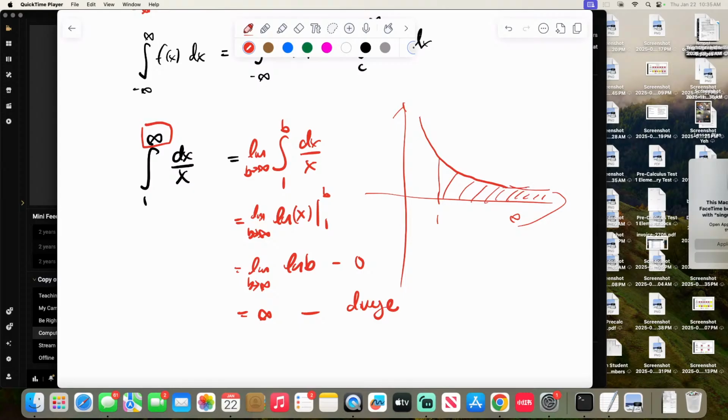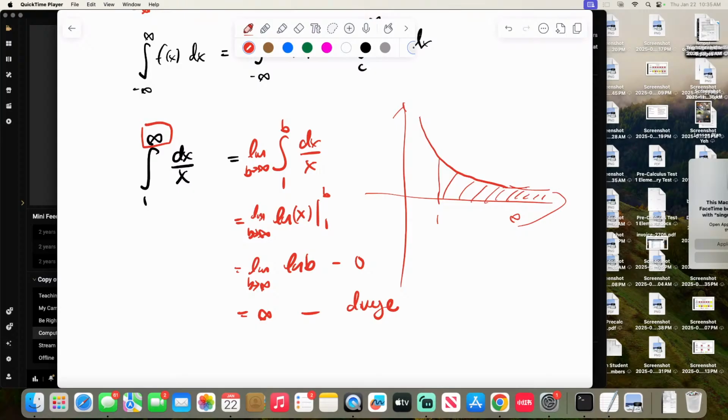But that's weird, because if the exponent is less than 1, so it's 0.99, it still diverges.